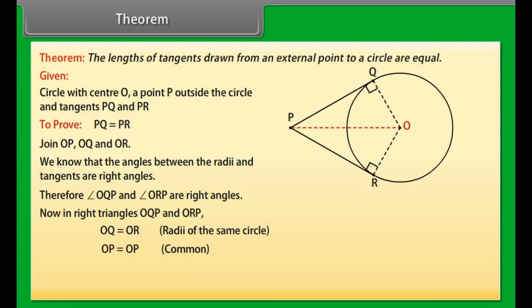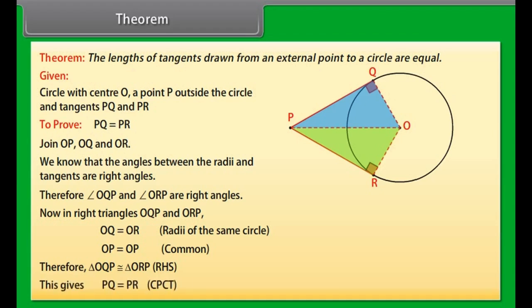OP is equal to OP, common. Therefore, by RHS congruence rule, triangle OQP is congruent to triangle ORP. This gives PQ is equal to PR because corresponding parts of congruent triangles are always congruent.